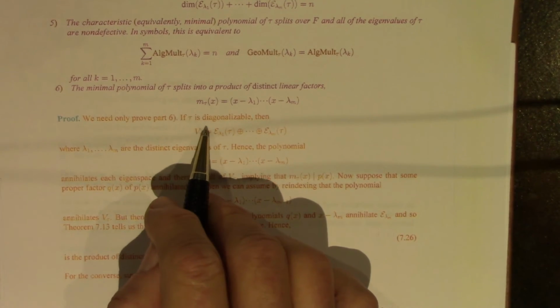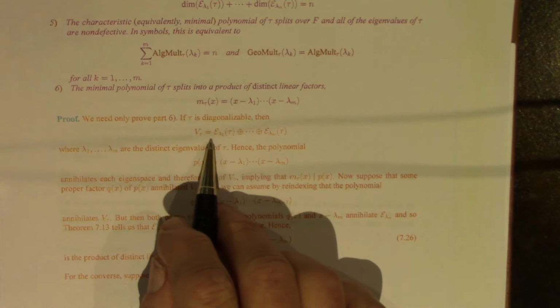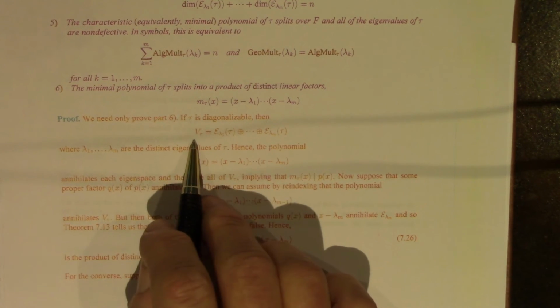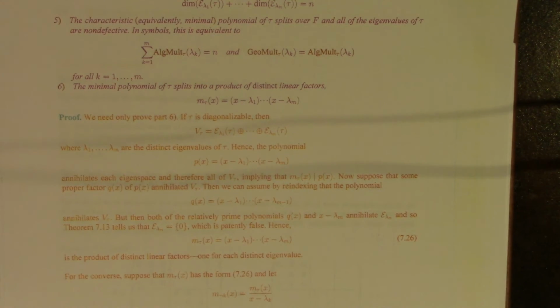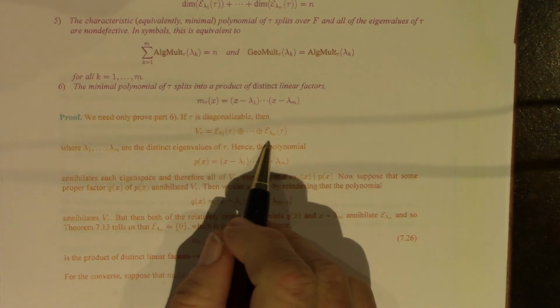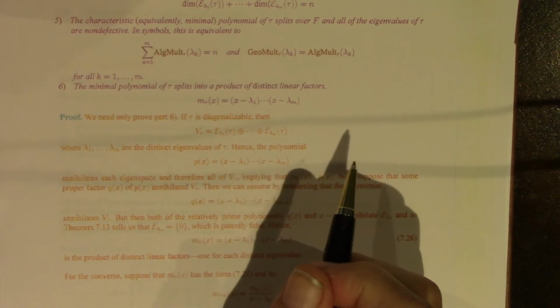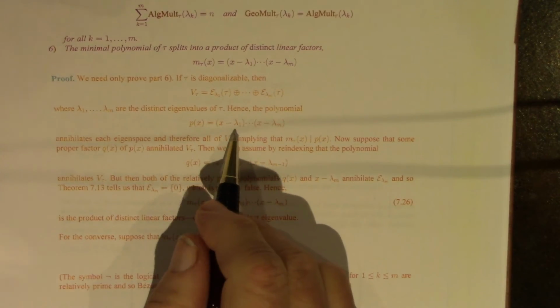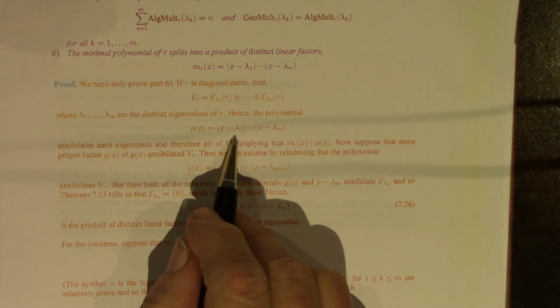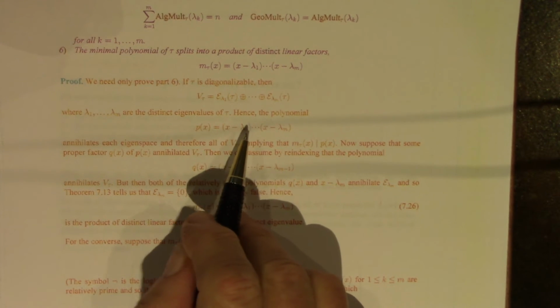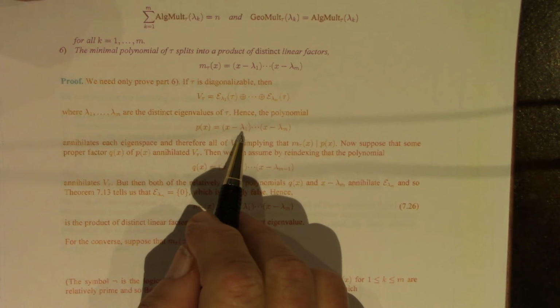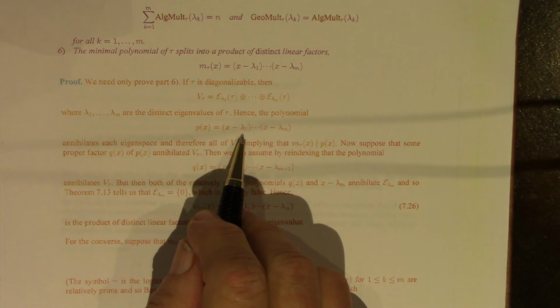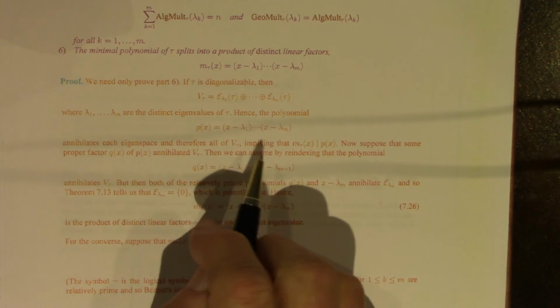If tau is diagonalizable, then we know that the operator module is a direct sum of eigenspaces. Lambda 1 through lambda m are the distinct eigenvalues. Therefore, this polynomial p(x), which we're trying to show is the minimal polynomial, does annihilate each eigenspace.